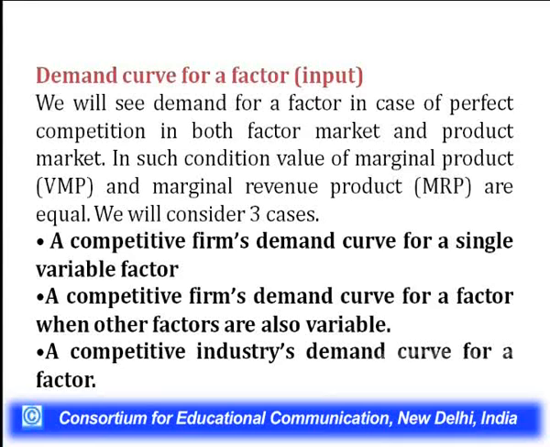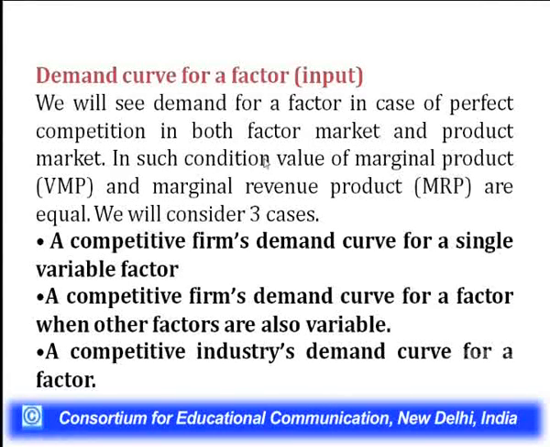So prices of all the factors, like rent for land, interest for capital and profit for the entrepreneur, are determined by their demand and supply. Firstly, we will see how the demand curve for a factor is determined. We will see demand for a factor in case of perfect competition in both the factor market and the product market.